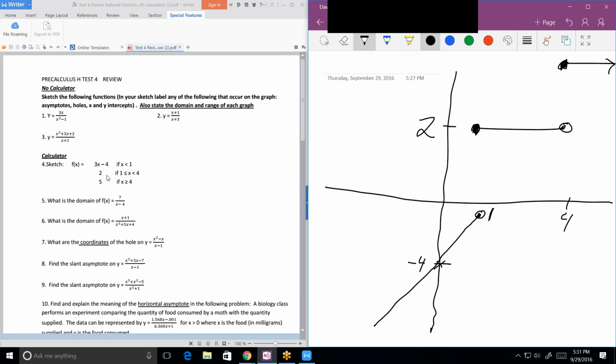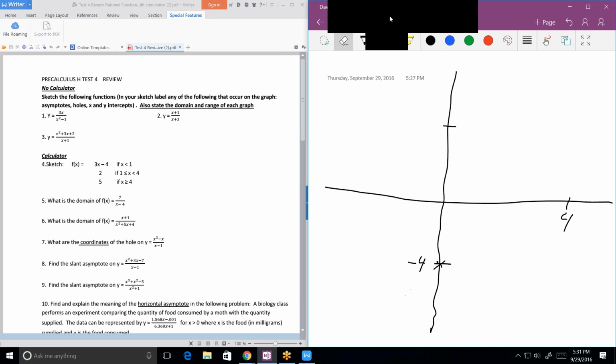Now, let me just talk to you about a more difficult piecewise function, because you would do it differently than this. I just want to show you this, because if you get it on a test, it might stump you if you weren't aware of how to do it.